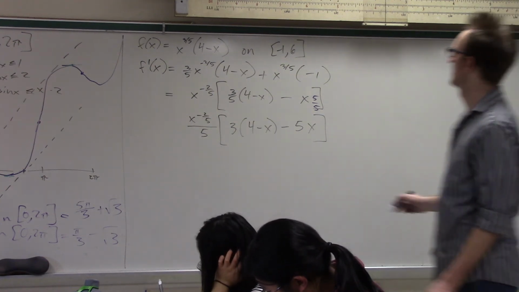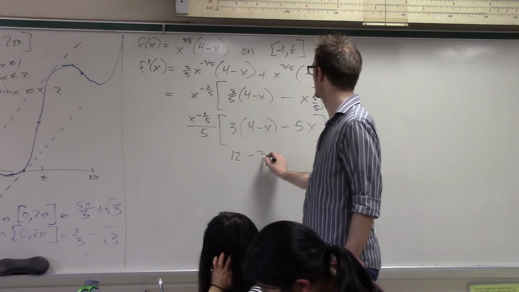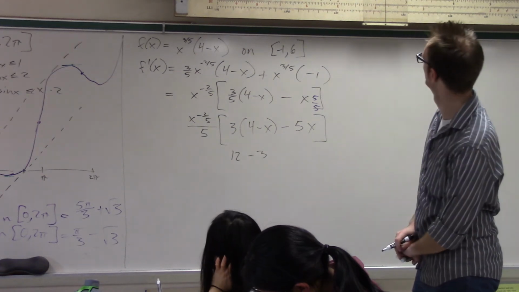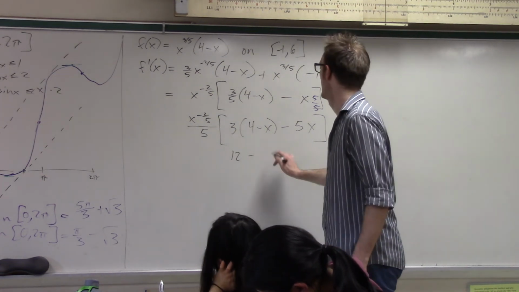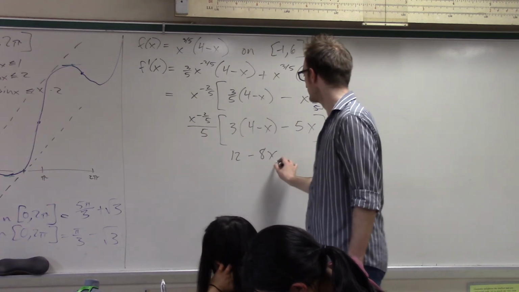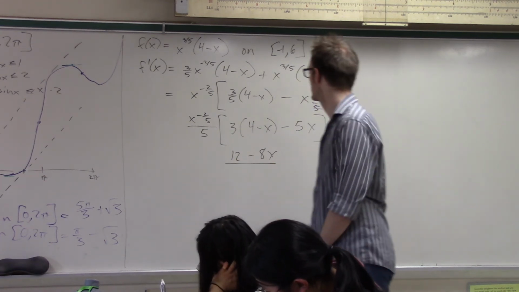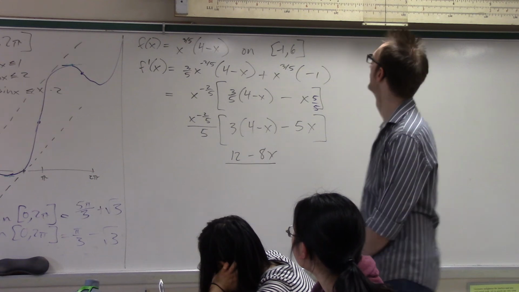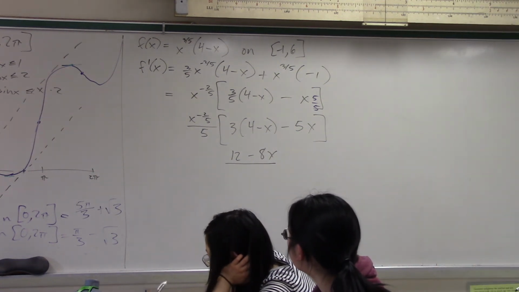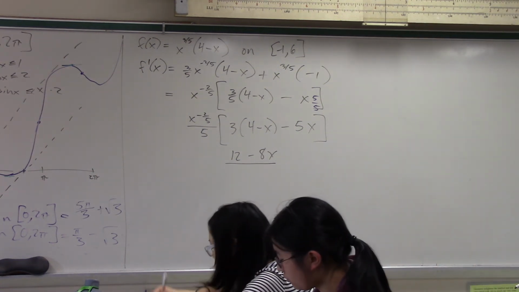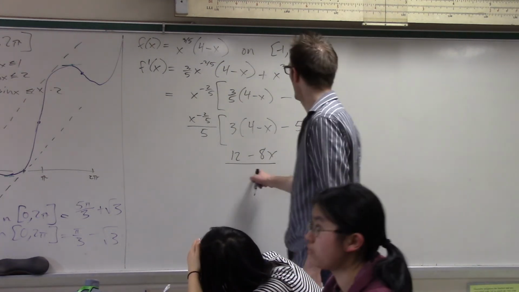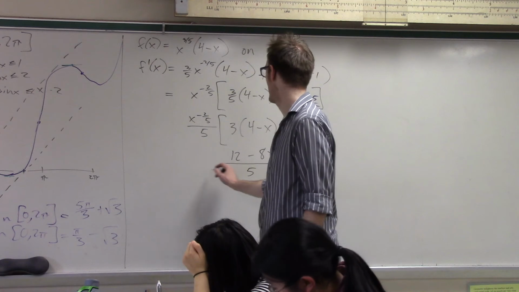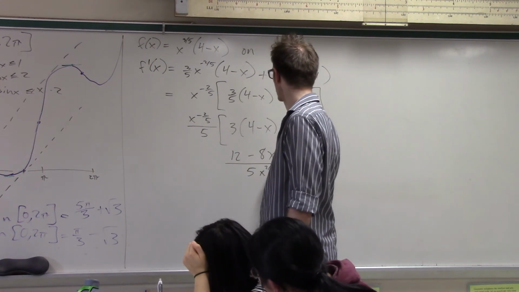So what is this? This is 12 minus, did I do something wrong? No. Yeah, 12 minus 8x, really? Yeah. Okay, so, over, I swear something went wrong. No, you're good. Really? Yeah. Okay, over 5, and now this is x to the 2/5.